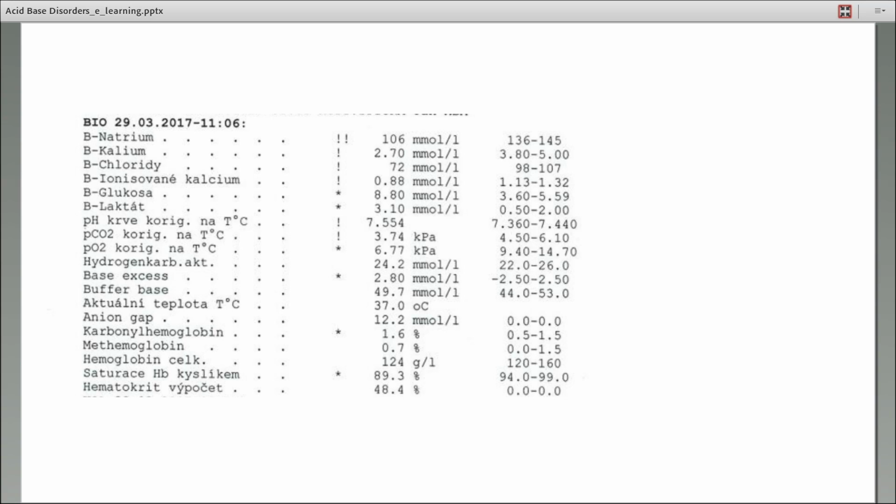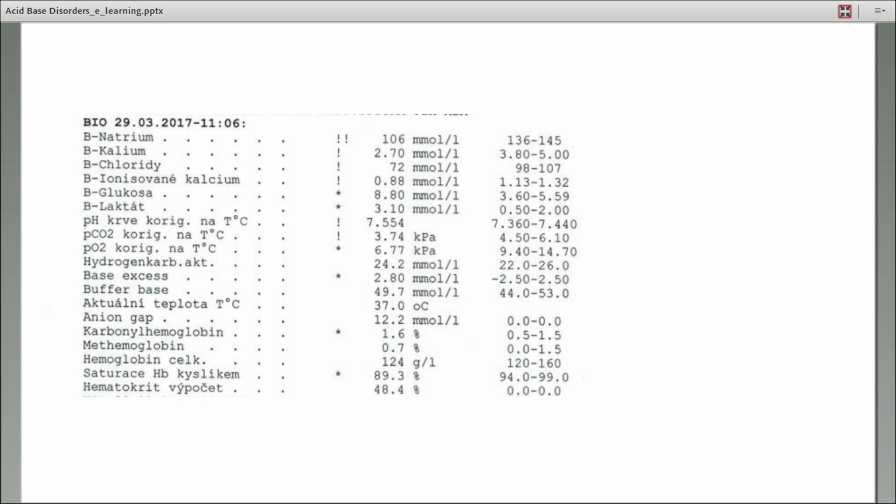So, according to the shift of pH, we have pH going up, meaning alkalemia or alkalosis, a trend toward shifting up. Then we have a trend toward shifting down, which is low pH, which is acidemia or acidosis.